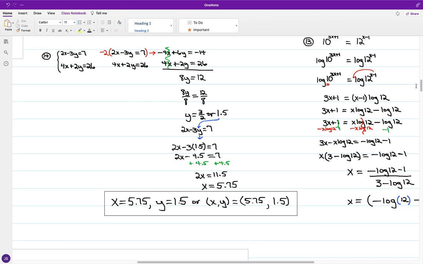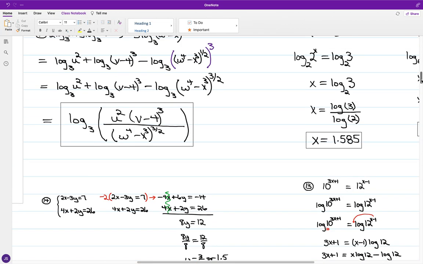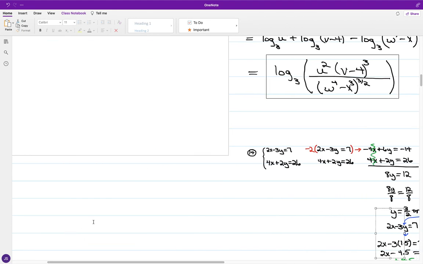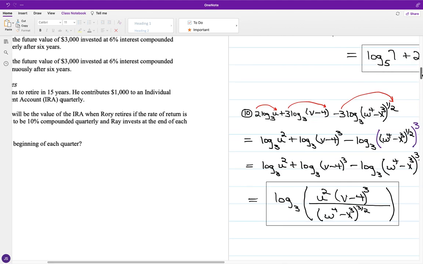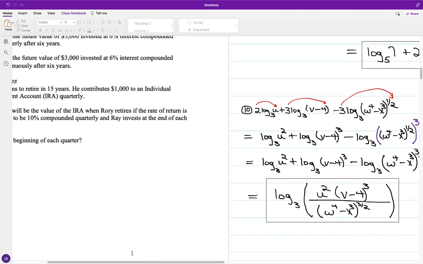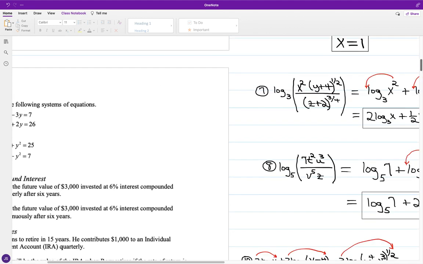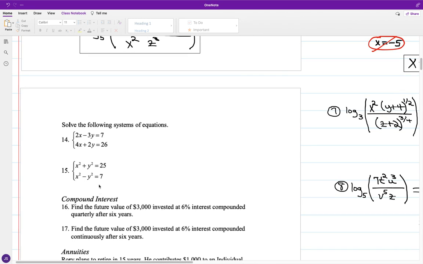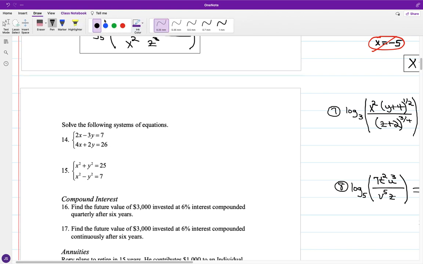Now for the nonlinear system, number 15. We have the sum of squares at 25, and then a difference of squares where x squared minus y squared is equal to 7.